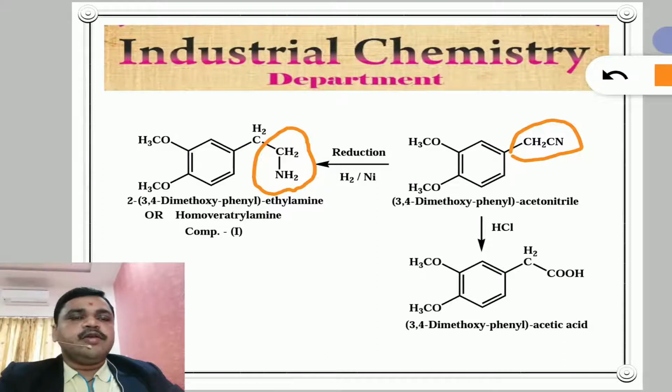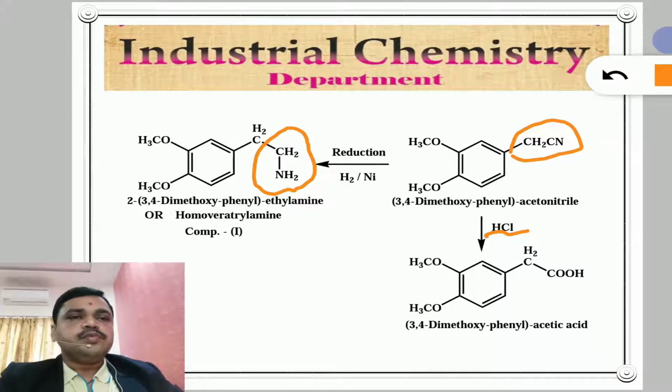So reduction of 3,4-dimethoxyphenyl acetonitrile gives homoveratrylamine. That is our compound number 1. Now we see the second route, treated with hydrochloric acid, HCl.